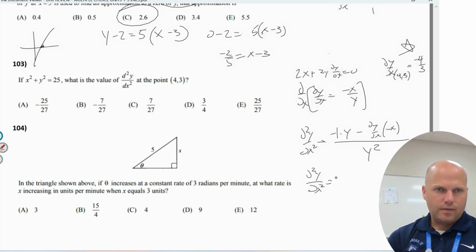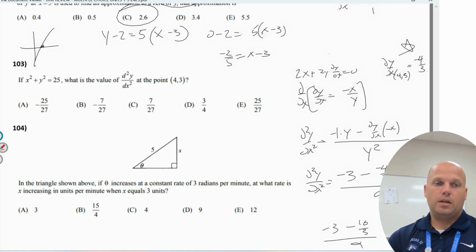And I have negative y minus dy dx times negative x over y squared, minus 3 minus 16/3 over 9, minus 9/3 minus 16/3 over 9, minus 25/3 over 9.